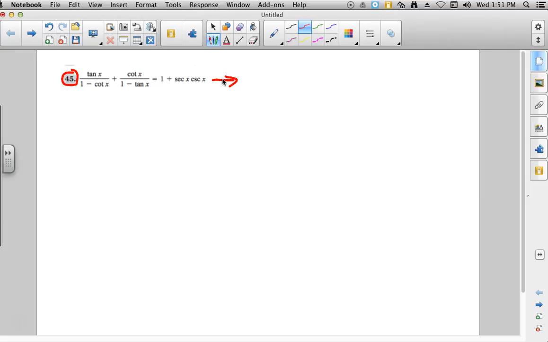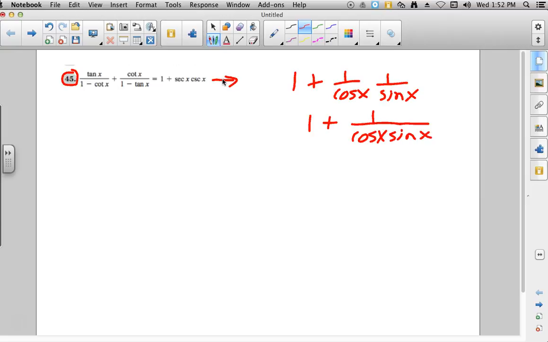So one of the things that I first did was start with this, just to get an educated cheat about where I was going to go with this. Make it 1 plus 1 over the cosine of x times 1 over the sine of x. And then think, okay, well, if I write this as a common denominator, I would have to multiply by cosine of x sine of x on both the top and the bottom, and still add my 1 over cosine x sine of x.